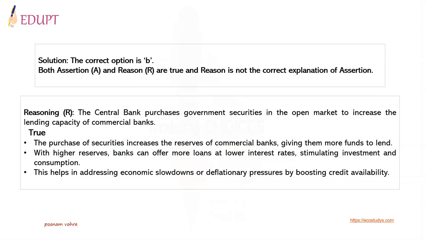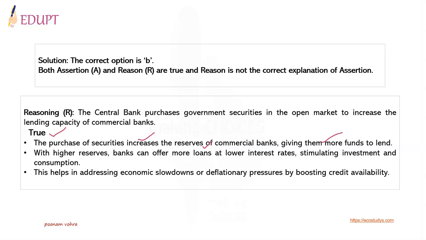The reasoning statement is: the central bank purchases government securities in the open market to increase the lending capacity of commercial banks. This is also true because when the purchase of securities is done, it increases the reserves of commercial banks, giving them more funds to lend.